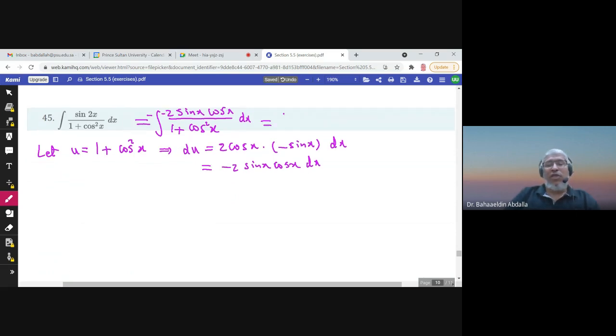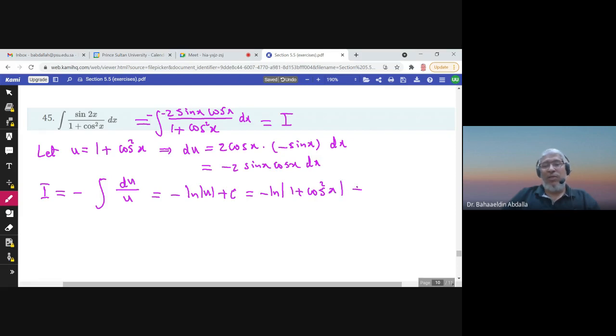So if I call this I, then the integral I would be equal to negative 2 sine x cosine x dx is just du, and 1 plus cosine square x is u. So that's the answer. And I can replace u by 1 plus cosine square x plus c.